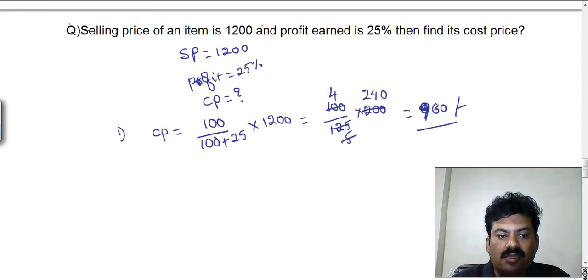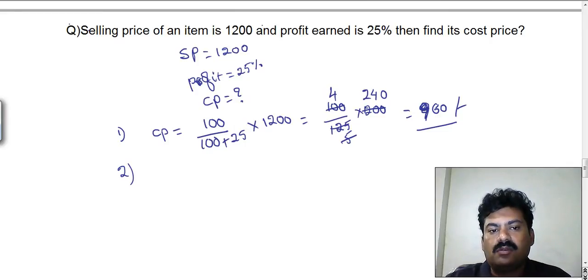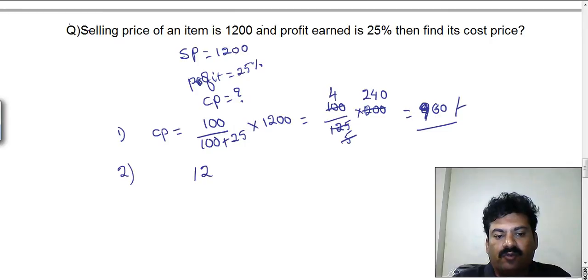In the second mechanism, we need not go for the formula. Now after gaining 25 percentage, we got the selling price 1200. That is equivalent to 125 percentage of the cost price. Now 125 percentage of the cost price is equivalent to 1200.